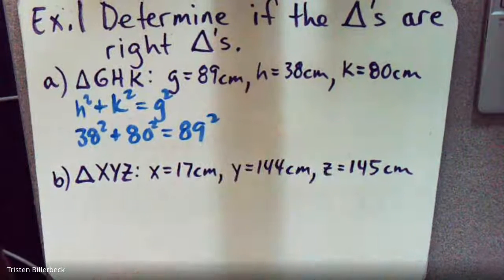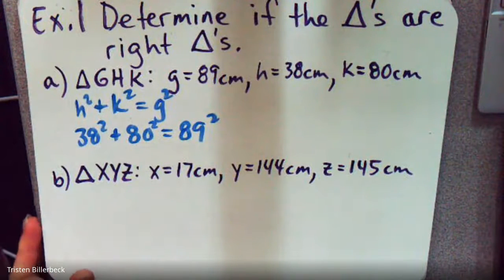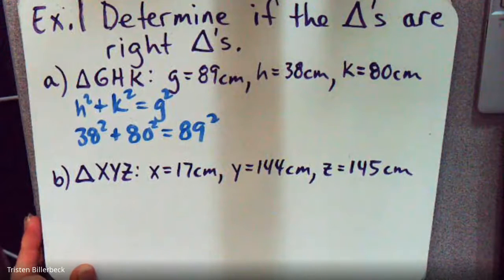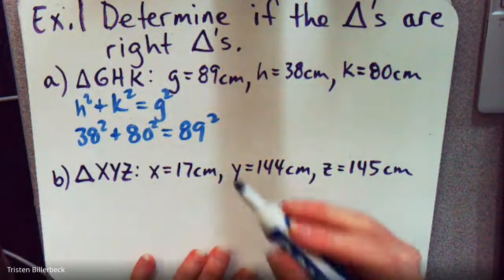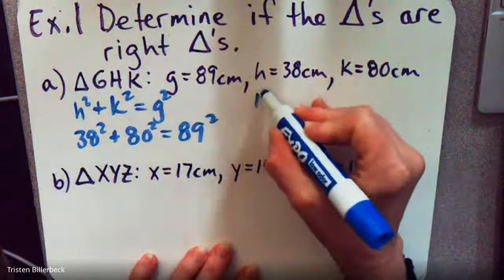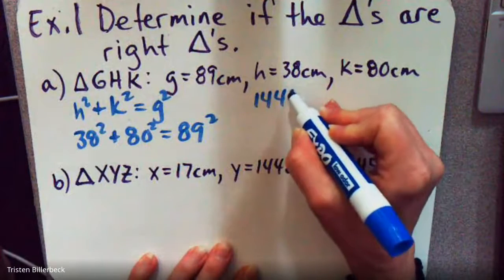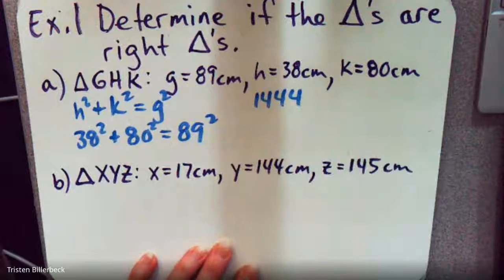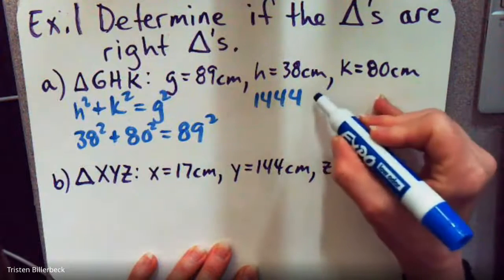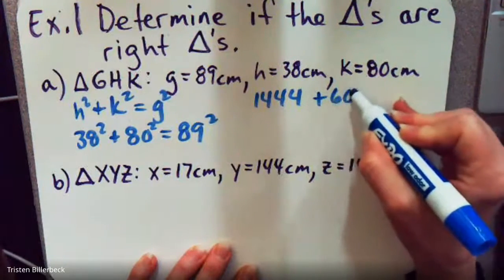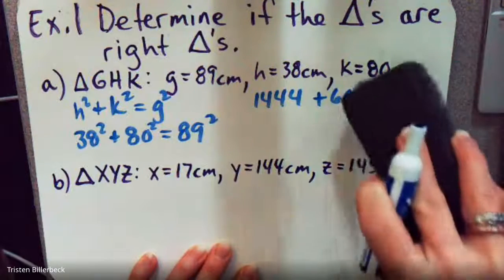Well, that is a very good question. So let's find that out. So 38 squared is 1444, excuse me. 80 squared is 6400.